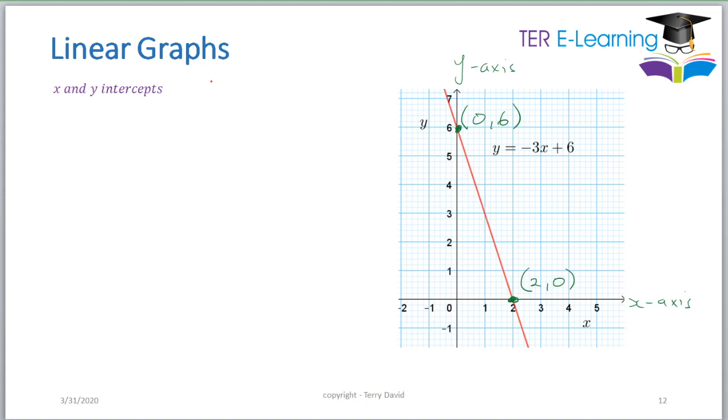However, sometimes in the exam, they give you the equation. So in this case, the equation of this straight line here is y equal 3x plus 6, right? That's the equation of the line. Now, if we want to determine, let's start with the x-intercept. So we want to get the x-intercept. Right?